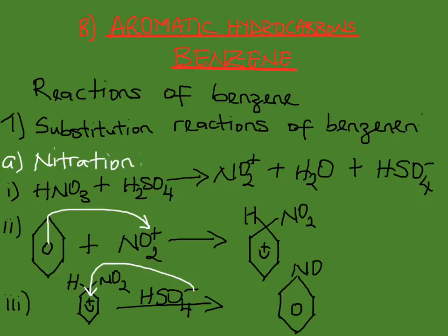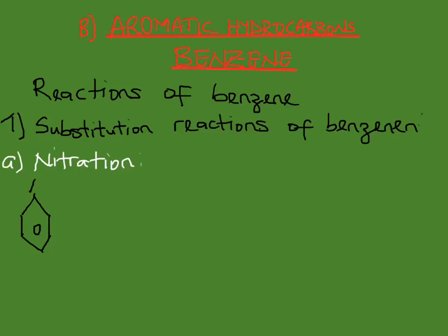The reaction of concentrated sulfuric acid and nitric acid produces the nitronium ion plus water and hydrogen sulfate ion. The concentrated sulfuric acid acts as a catalyst and a dehydrating agent. The nitration of benzene with the nitrating mixture takes place between 55 to 60 degrees Celsius. That's the mechanism of the reaction, like you see there.